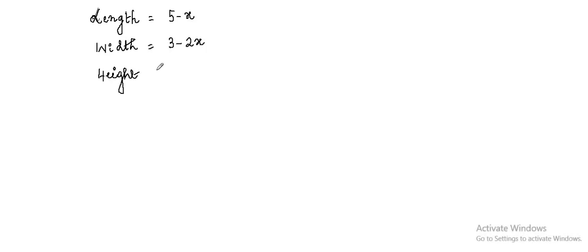So let's see what are the things that we obtained. The length that we obtained was equal to 5 minus x. The width that we obtained was 3 minus 2x. Height that we obtained was equal to x.